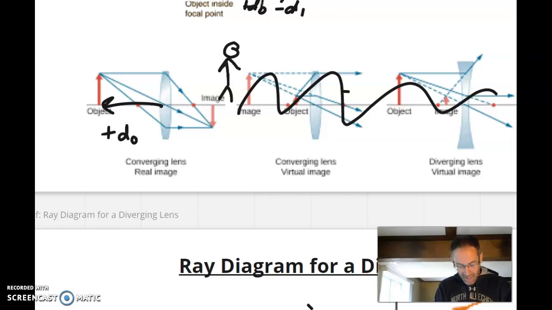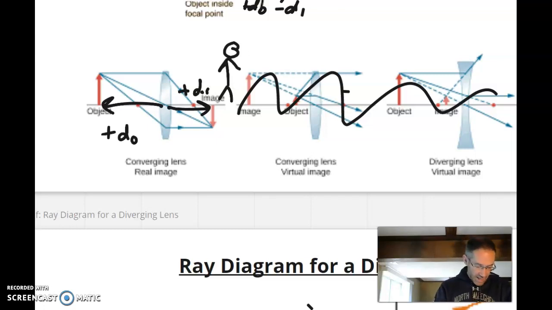If the image is formed over here, and I'll show you why that's the case in the future, we're going to call that a positive DI because it's on the other side of the lens than the object? Well, sort of, but mostly because it's on the side of the lens of the observer.